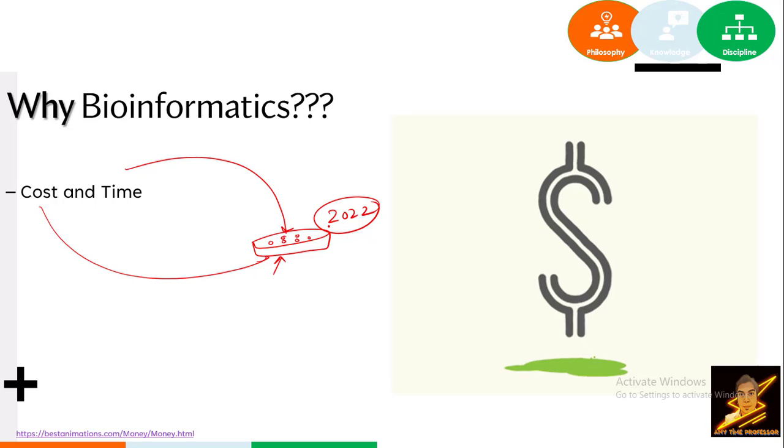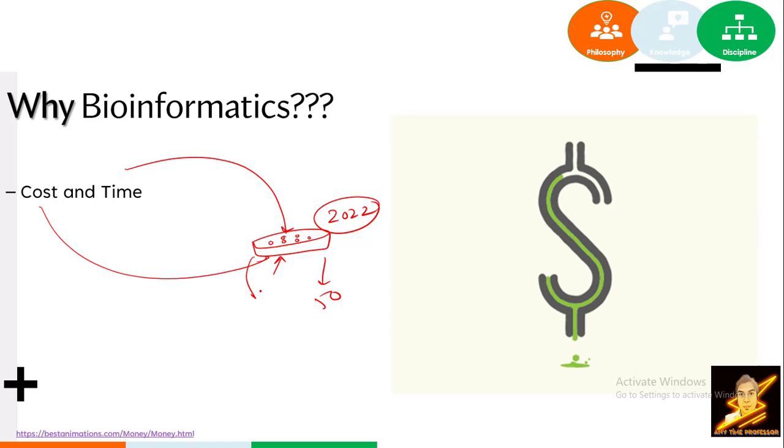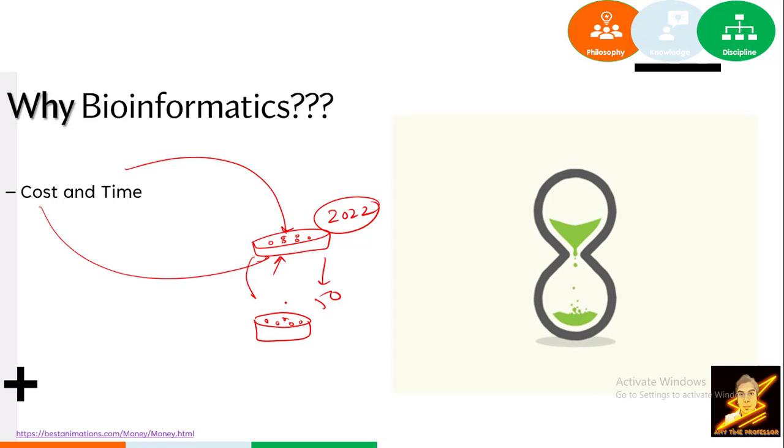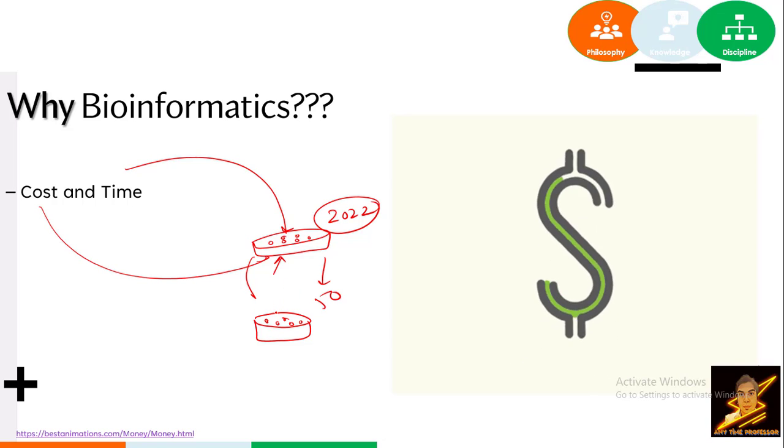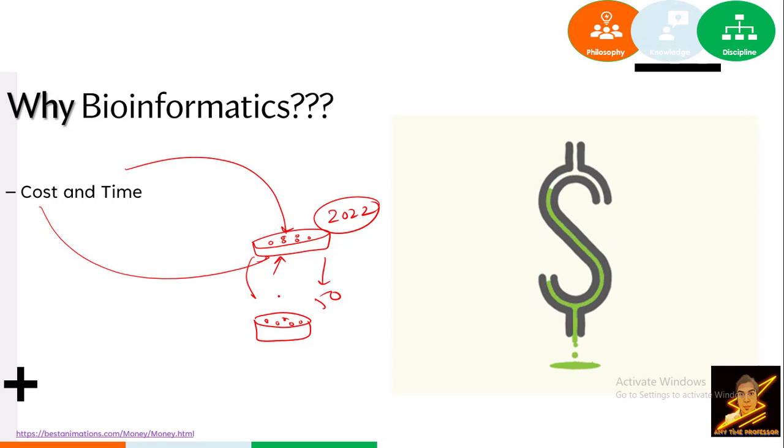But after an interval of time, for example after 50 years, I see that it needs lots of replacement of the culture so that it can retain the microorganism, and lots of time is also required for doing that experiment. So this was a major problem that needed immediate attention from a new method, or a new branch, known as bioinformatics. I will tell you how we can use bioinformatics to overcome this cost and time issue.